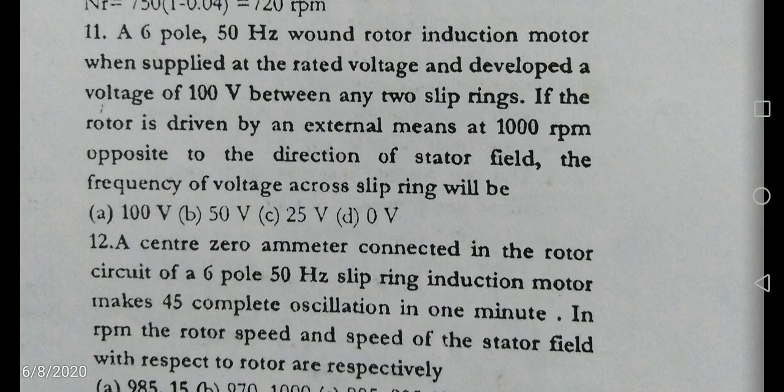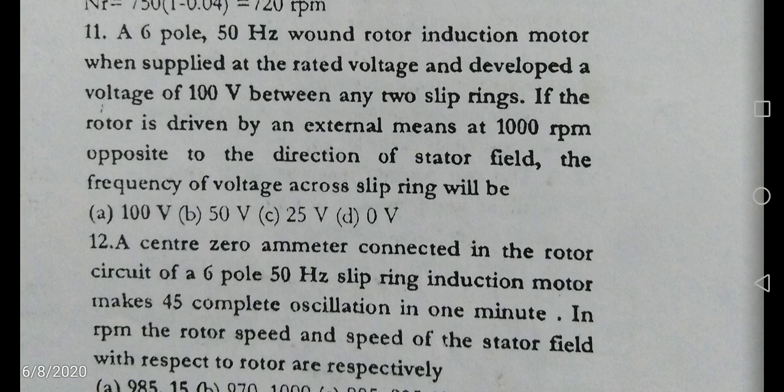Actually the NS value for a 6-pole 50 Hz induction machine is 1000 rpm. But here NR value is also 1000 rpm, and it is driven by an external source. So when it is driven by the external source, the voltage will not change between slip rings.